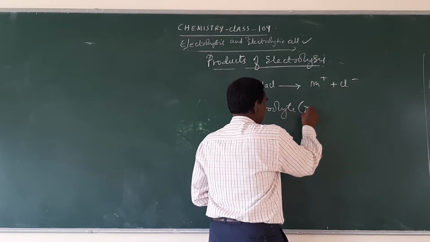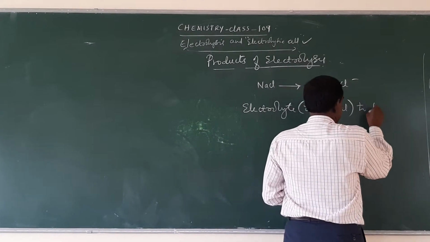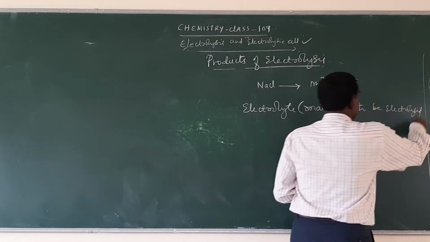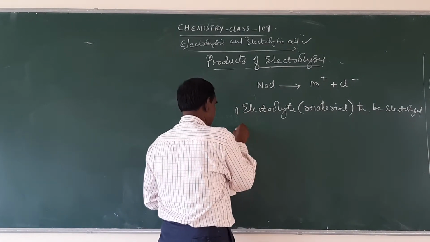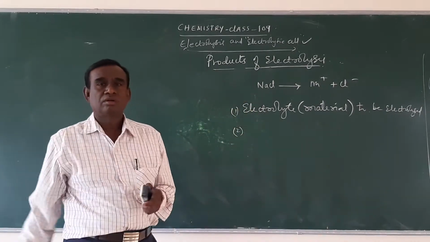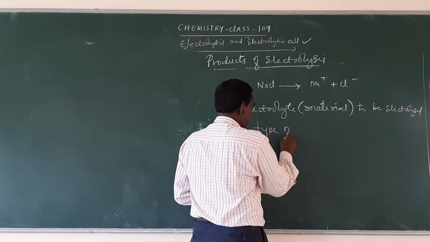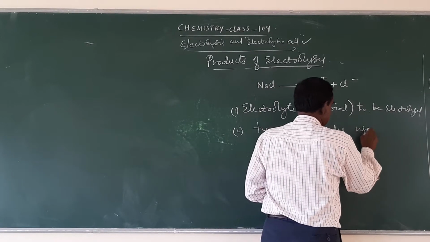The electrolyte, that is the material to be electrolyzed, is the first dependent factor. The second one is the type of electrodes used.